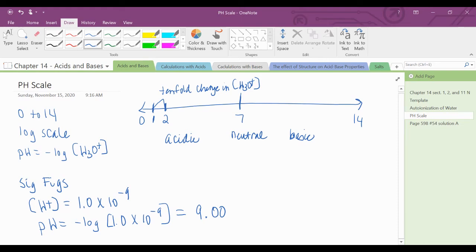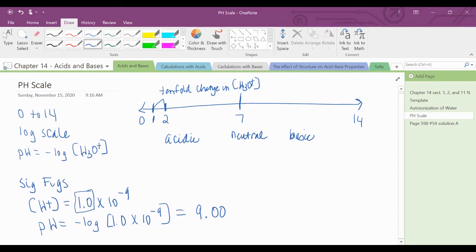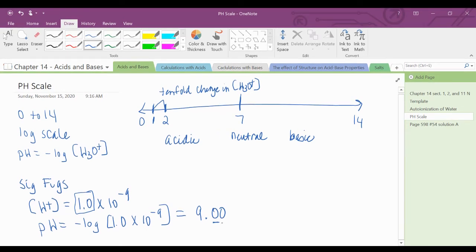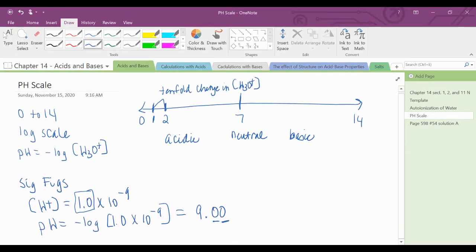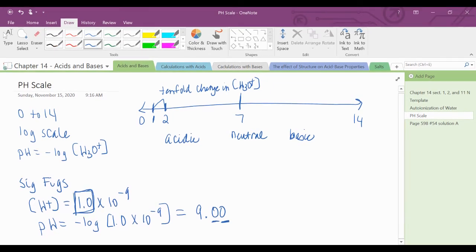So here's the rule. However many sig figs are in your concentration, that's how many decimal places go in your pH, and vice versa. So if my pH has 2 decimal places, my concentration should have 2 sig figs.